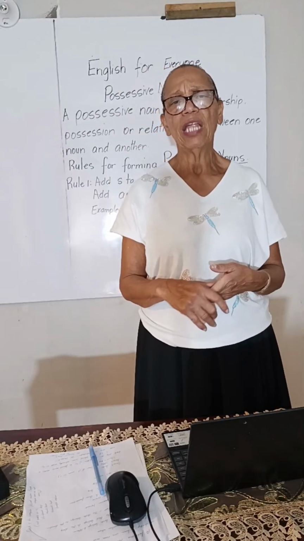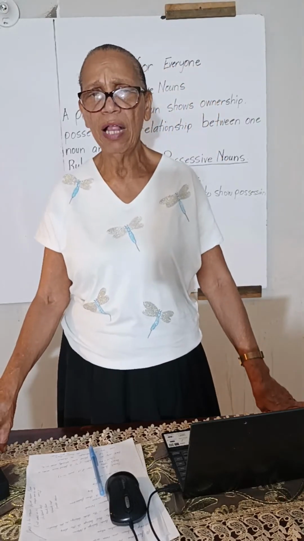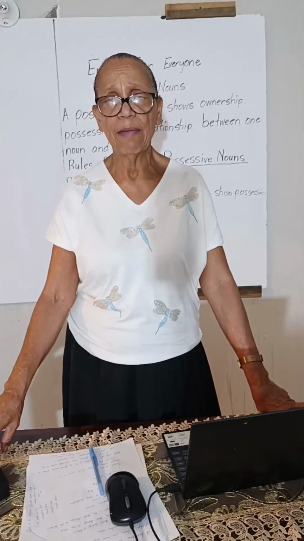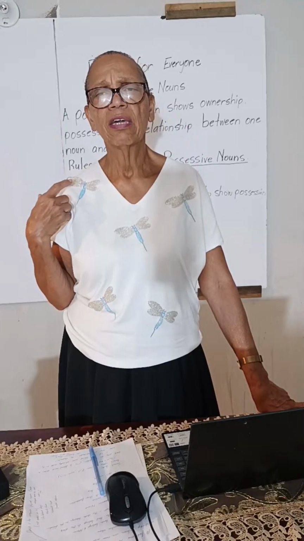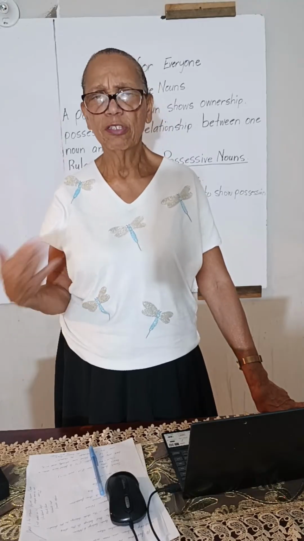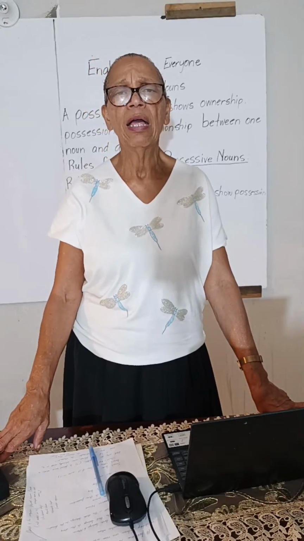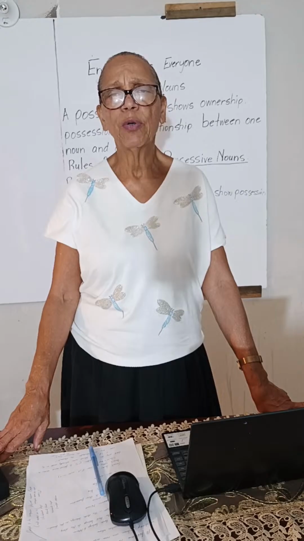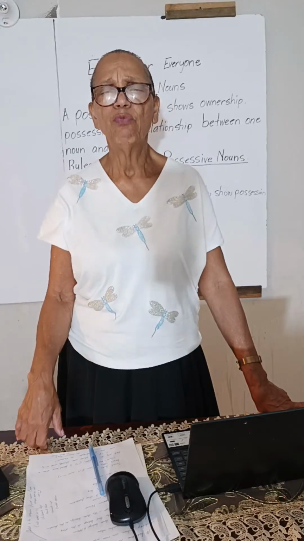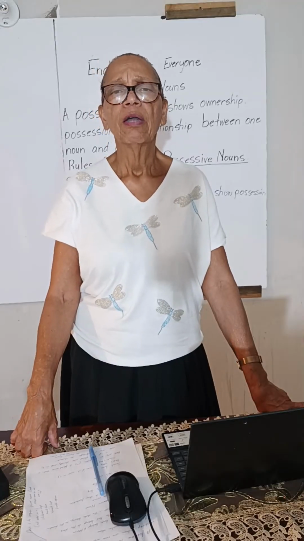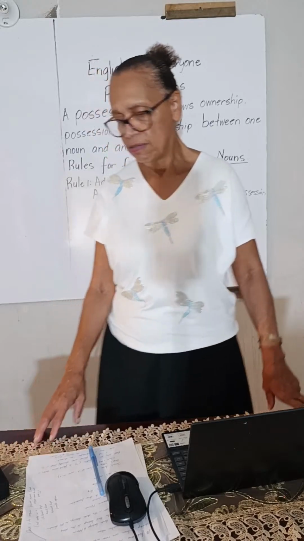So you have to memorize the rules, because some of them you will remember, but some you will have to memorize. Today we are going to be looking at possessive nouns, and then we'll be finished with nouns and moving straight into verbs.